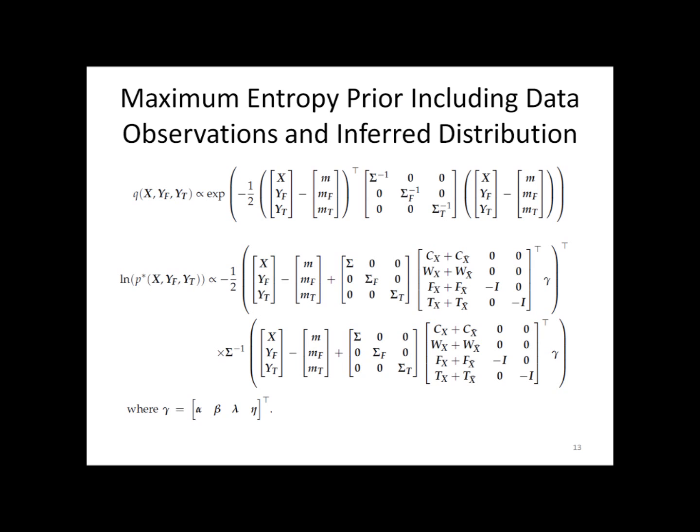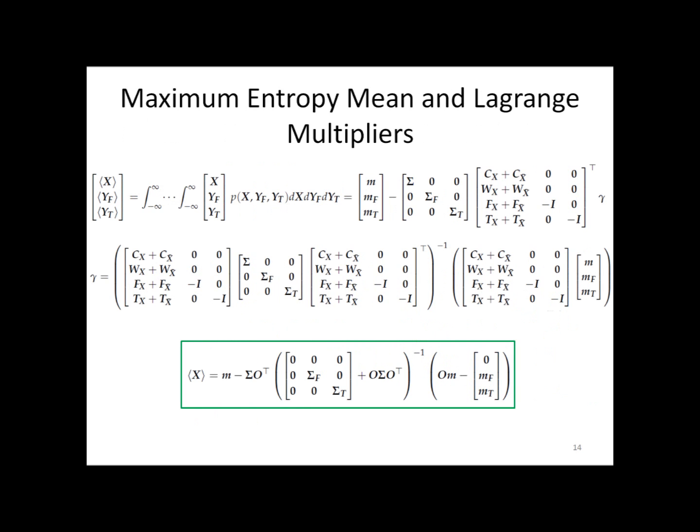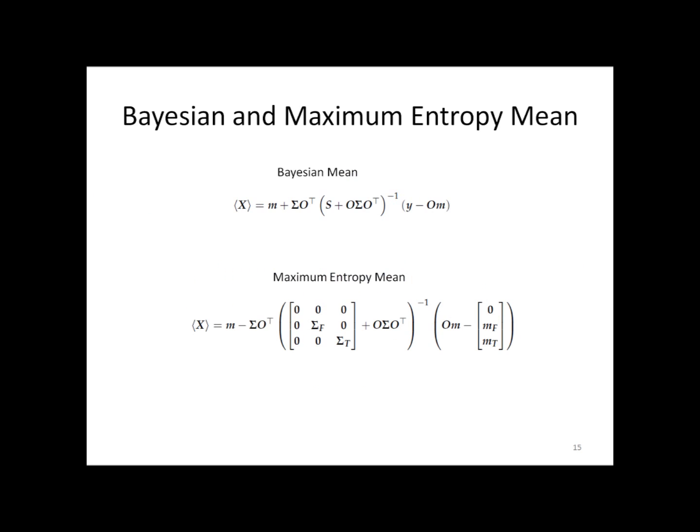What I'm going to do now is find my Lagrange multipliers, by taking my probability distribution and substituting into my constraint functions in order to find what they are going to come out as. At the end of it, I end up getting a mean of my inferred distribution looking like this, and my variance is the same as my prior variance.